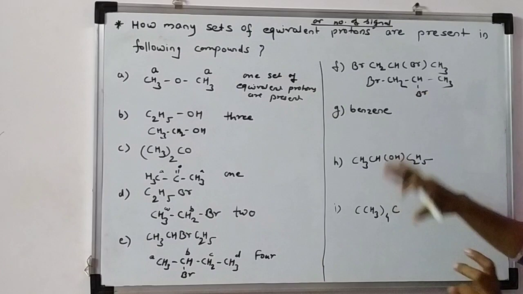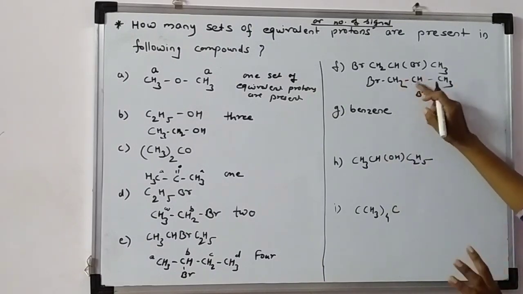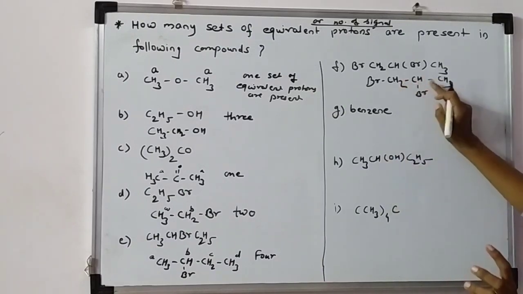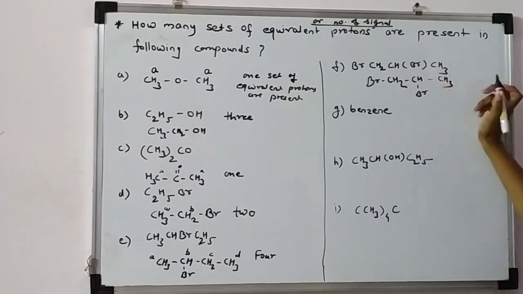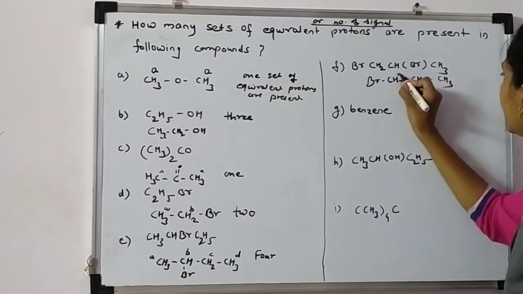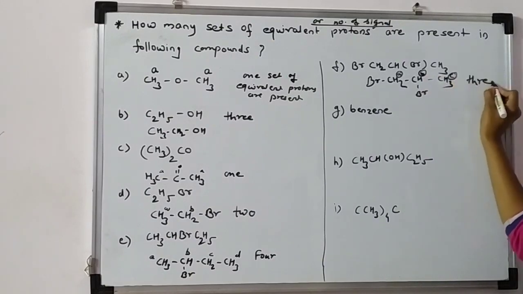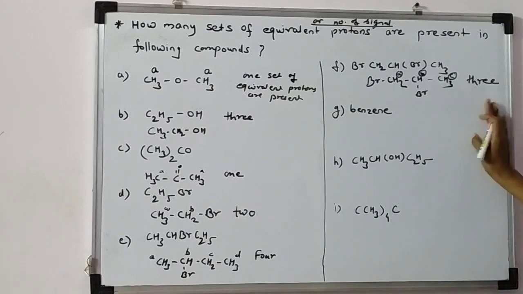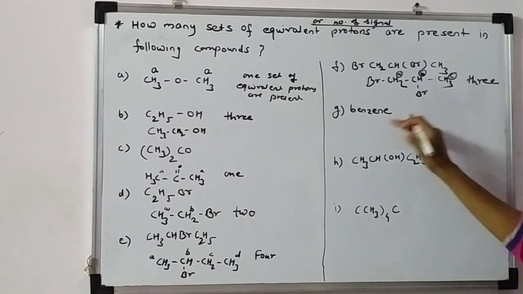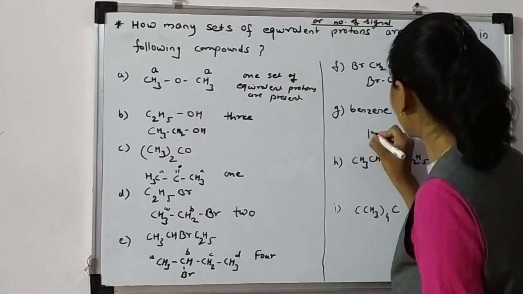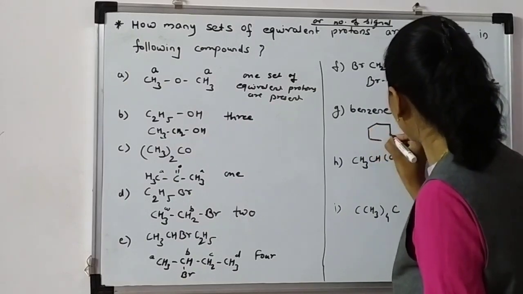That means simply we can say that both are different. One methylene group, one methyl group and one methyl group. That means there are three, A, B, C. Three sets of equivalent protons are present, or we can say that three signals we have obtained here. When we say benzene, draw the structure of benzene.